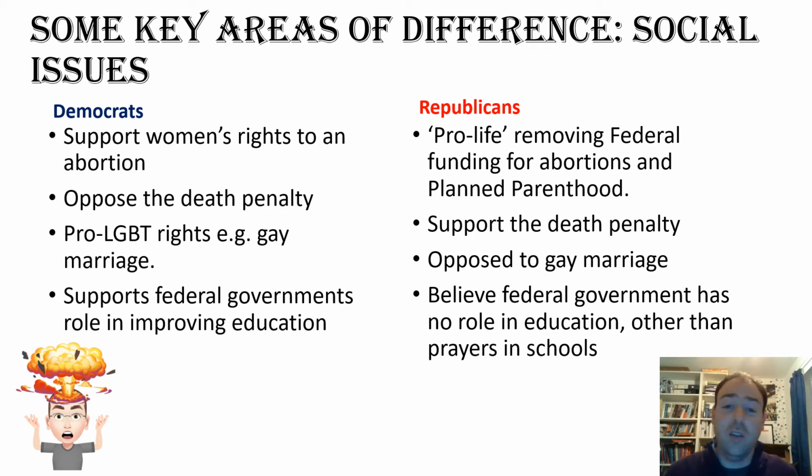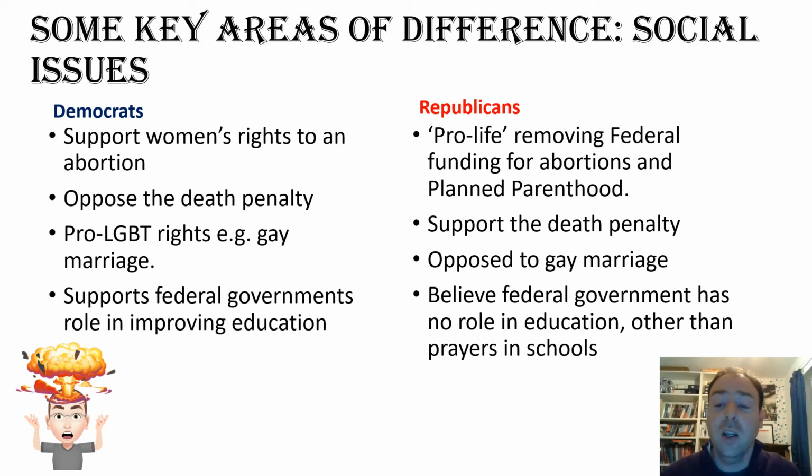There are other social areas like education where there are differences where the Democrats see federal government playing a really important role in improving education. Whilst for a lot of Republicans, the key issue in education is whether there should be prayers in schools, and they believe that there should, whilst the Democrats tend to oppose that, and really because of the way they view the Constitution, they go, well, actually, federal government doesn't really have a role in education. This should be down to the states.